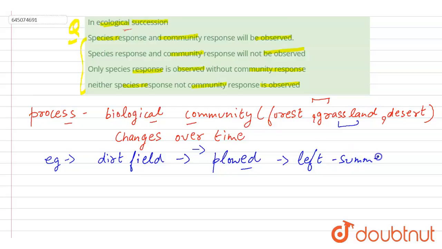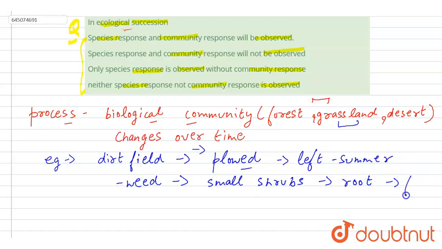So what happened then? Over the summer, wheat starts to grow in the field. After the wheat grows, small shrubs start to grow, and then roots begin to take hold, and after a few years trees begin to grow.